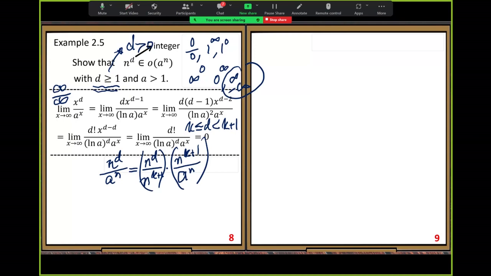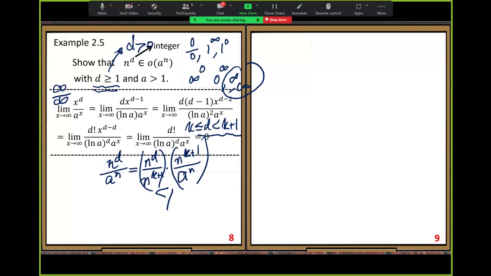So this first fraction is less than 1. The numerator is less than the denominator, so that ratio is less than 1.